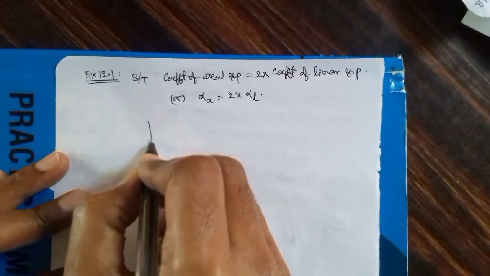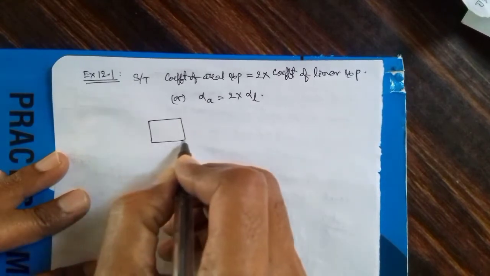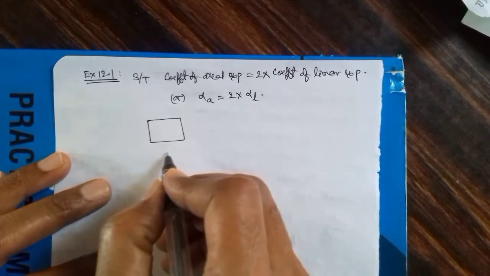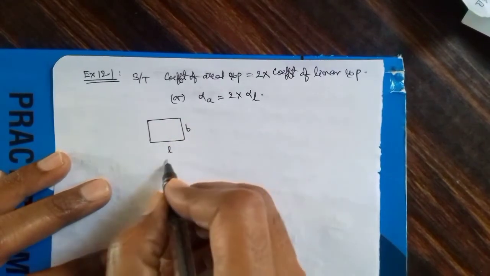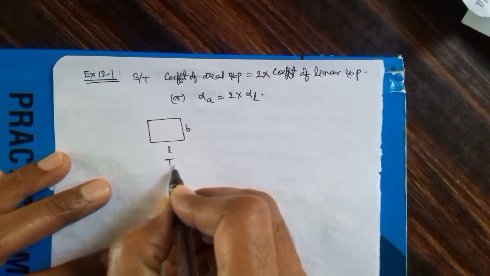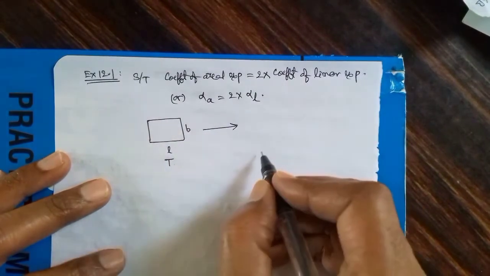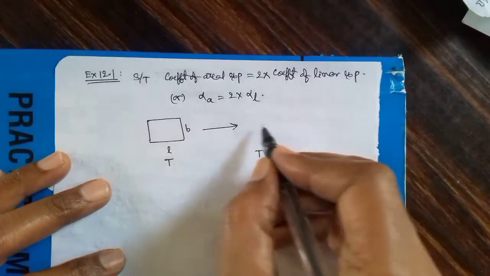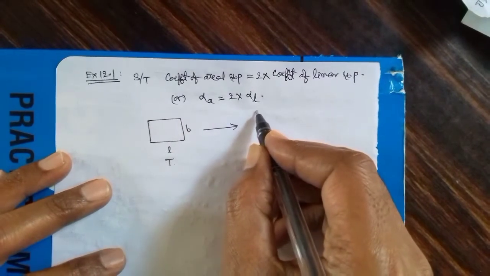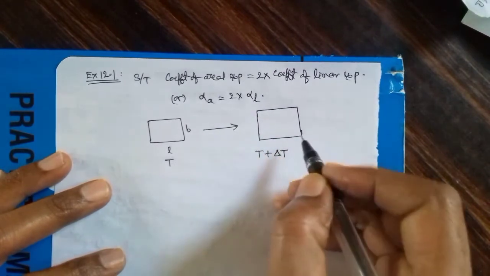Now let us choose a plate. Its length is L, its breadth is B, and it is at a temperature T. Now its temperature is increased to T plus delta T. Then the area of the plate expands.